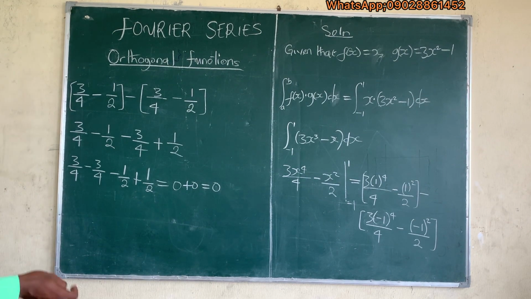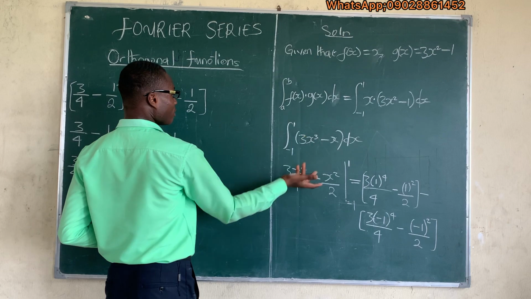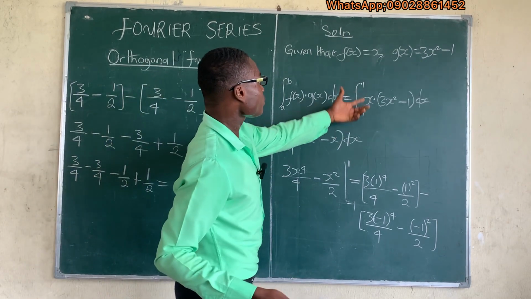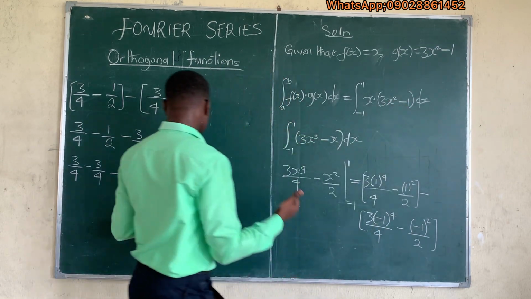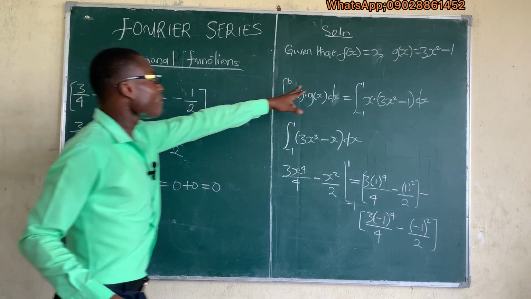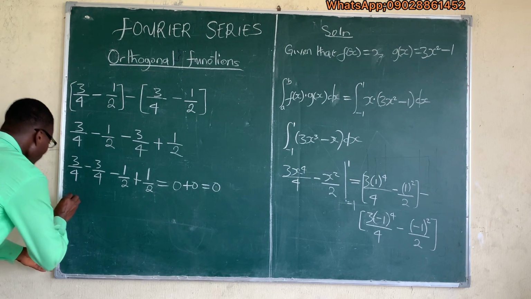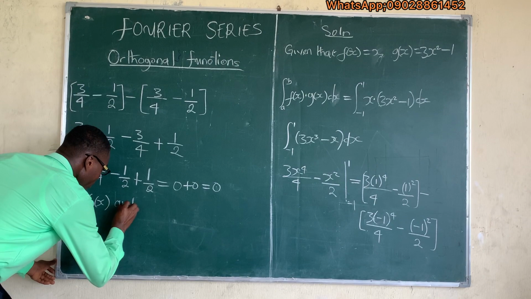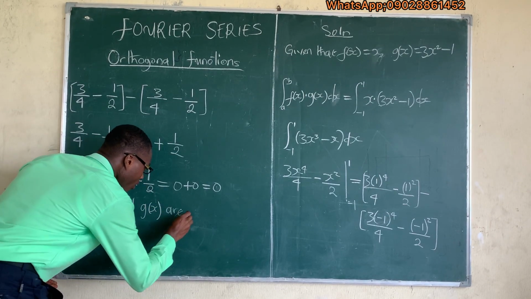So since the integral from minus 1 to 1 of x multiplied by 3x squared minus 1 dx gives us 0, then we can conclude that the functions f of x and g of x are orthogonal. So therefore, f of x and g of x are orthogonal.